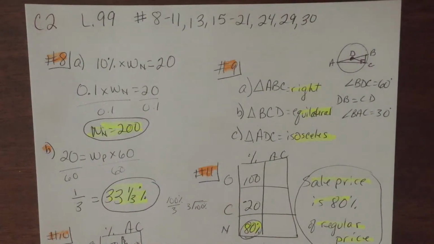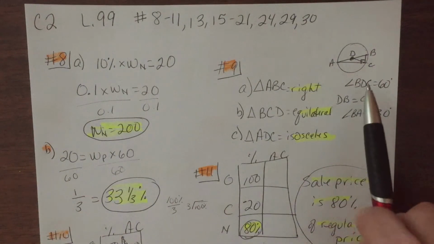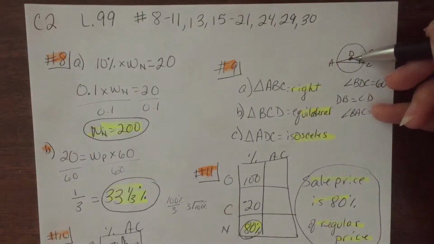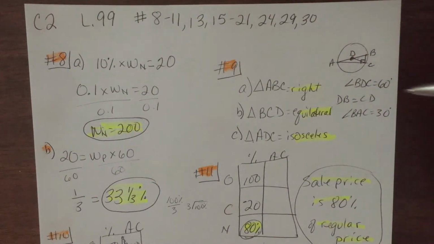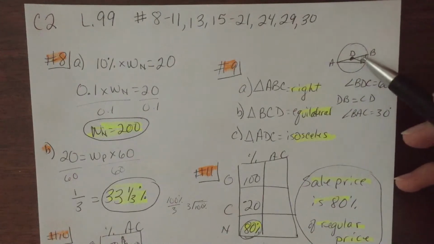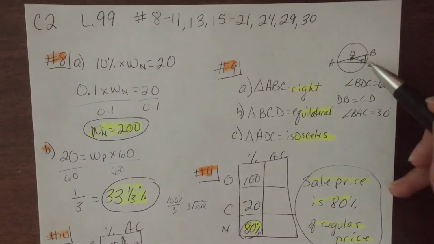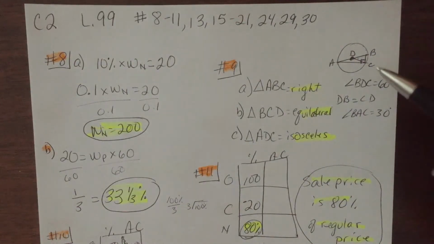Number 9 was kind of a difficult problem. They gave us the circle with an inscribed triangle, and they told us that angle BDC, that's this one here, measures 60 degrees. And I determined that DB and CD were equal because they're both radiuses of the circle.